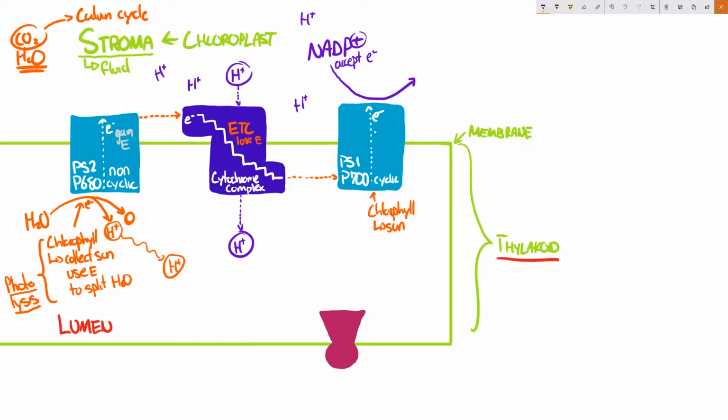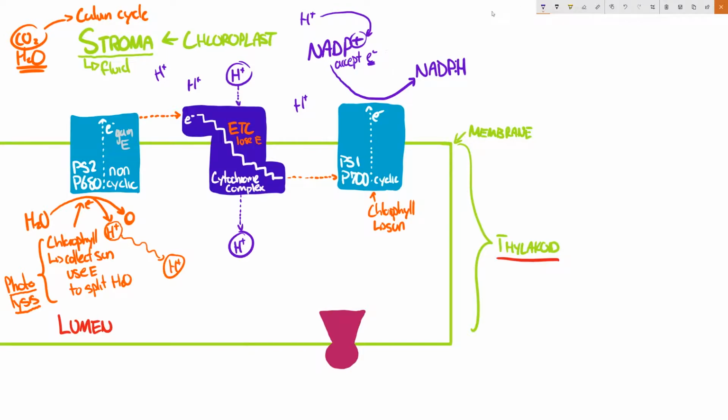So when we pick up these electrons, one of these hydrogen ions is going to come in and help make that bond, just to keep things tidy. So then we get NADPH. Those electrons are going to help make that bond.